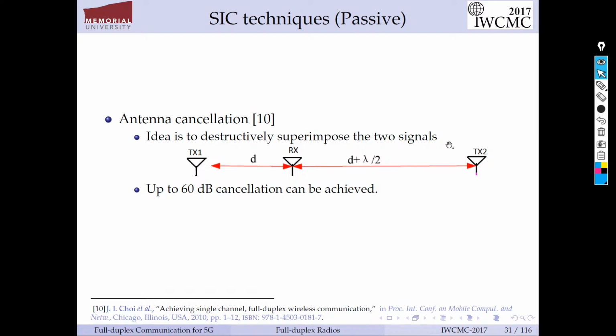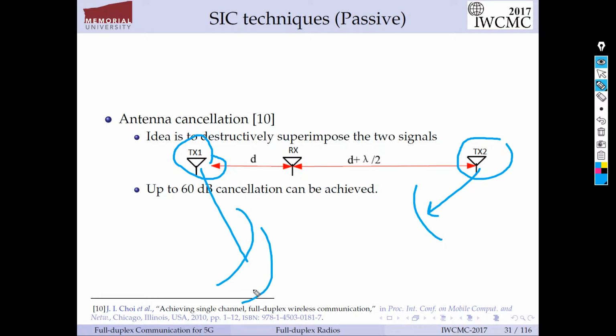Another technique is antenna cancellation, where you can use the antennas to cancel the interference. How do you do that? At the transmitter, instead of using one antenna, you use two antennas, transmit 1 and transmit 2. You transmit your signal from both of these antennas in an omnidirectional manner, and you make sure your receiver antenna has a distance of d from transmit antenna 1, and a distance of d plus lambda over 2 from transmit antenna 2.